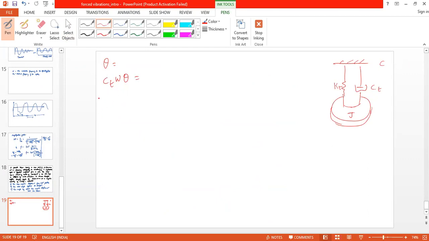And the last one, the angle by which the angular displacement lags the torque, is nothing but phi. I need to find these three terms.